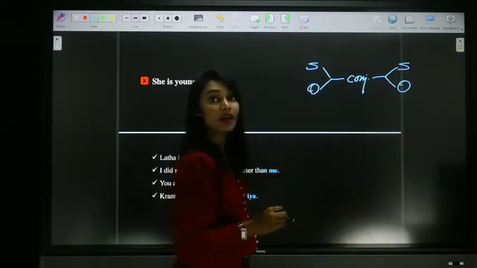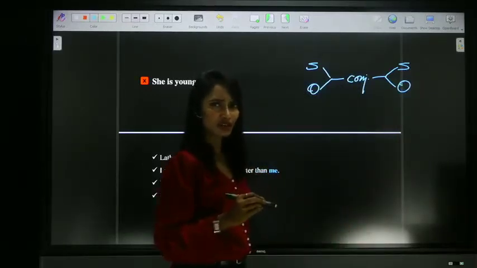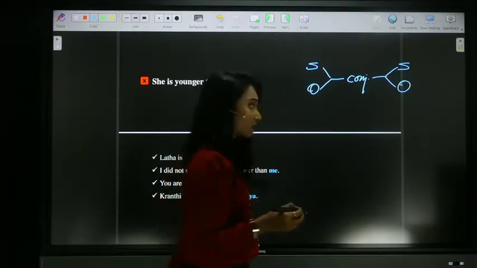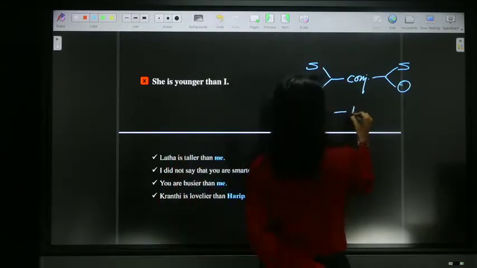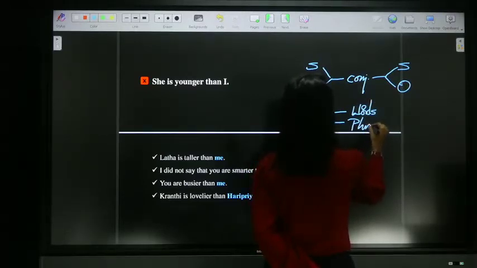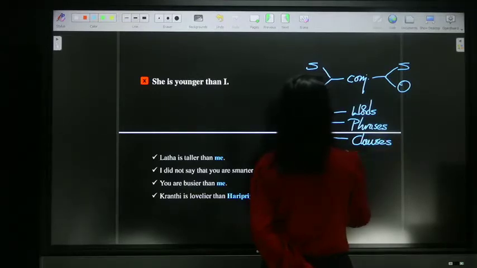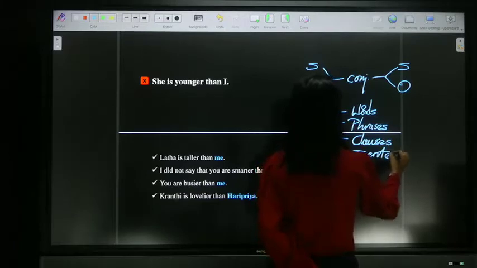Right? Now, does a conjunction only connect words? No. A conjunction connects words or phrases or clauses or sentences.